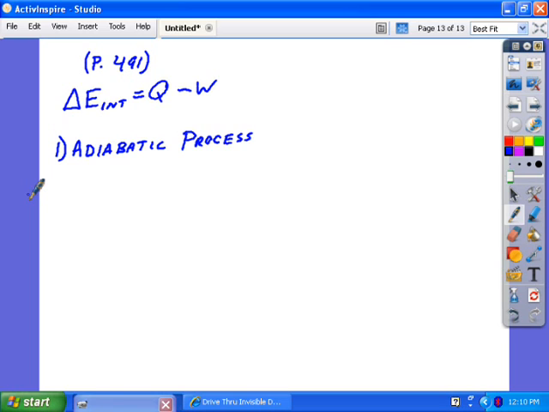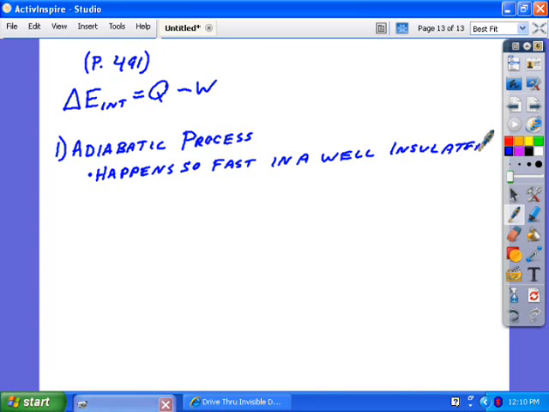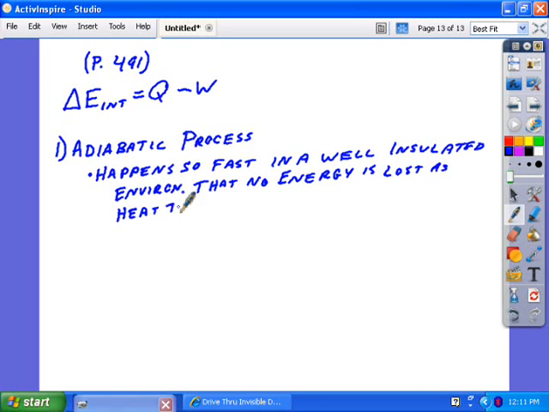In an adiabatic process, it happens so fast in a well-insulated environment that no energy is lost as heat to the environment.